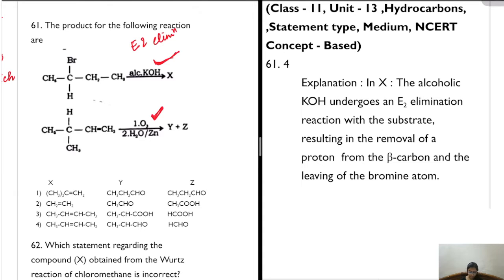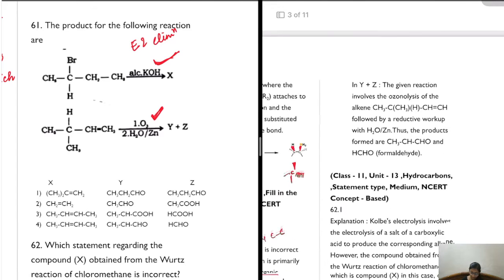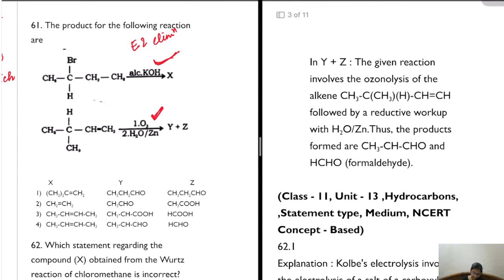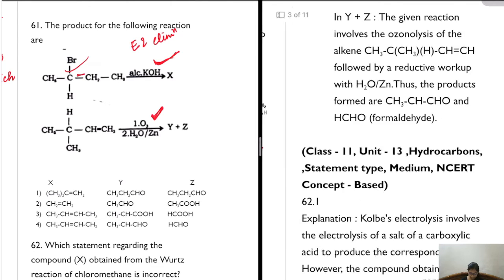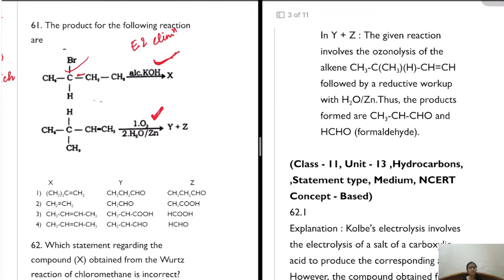The removal of a proton from the beta carbon and the leaving of the bromine atom takes place. Here it will remove and we'll have the double bond. Keep this in mind: according to Saytzeff's rule, the more substituted alkene will be the stable one, so that is the major one.